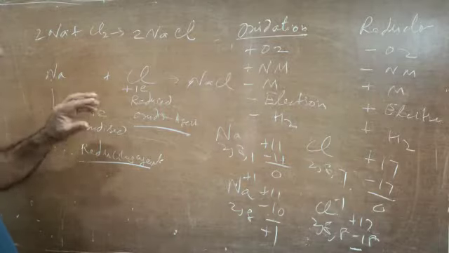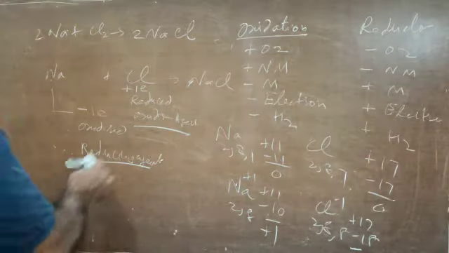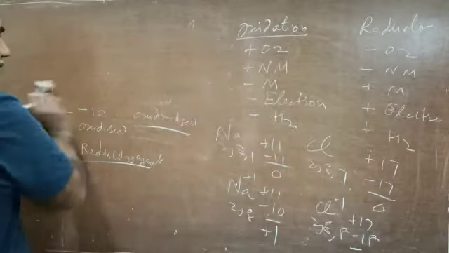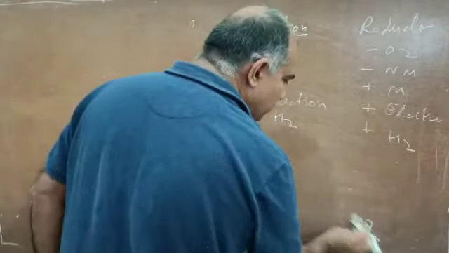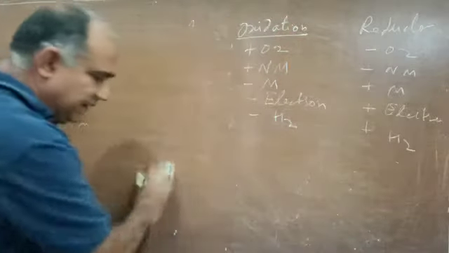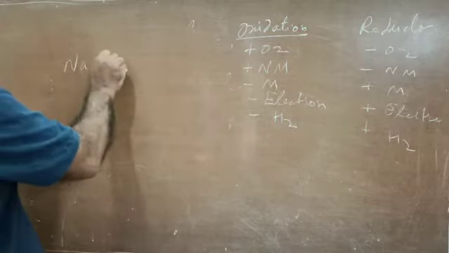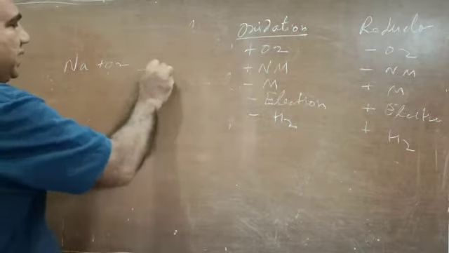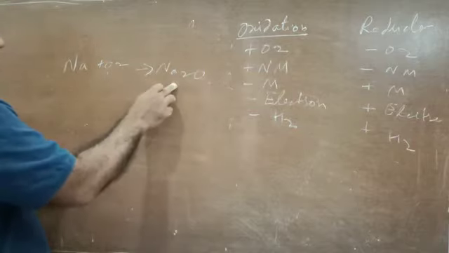So this was in terms of loss and gain of electrons. Now we will see further. One small example, with the help of that we will see gain of metal. If I write here Na plus O2, this will form Na2O.